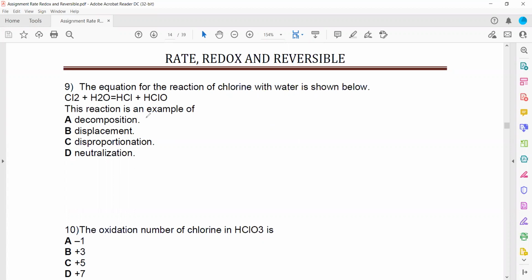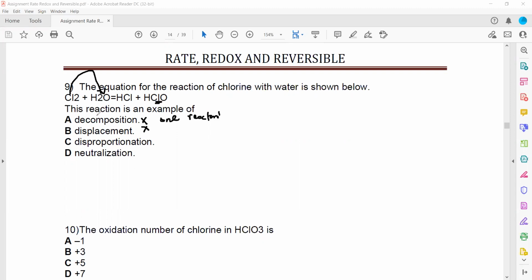For decomposition, the condition is that we have only one reactant and more than one product. It also cannot be displacement. Displacement is when the more reactive element displaces a less reactive one from its compound, but this is not a displacement. Why? Because if chlorine displaced the oxygen, then the other compound should not have chlorine. So that's why it is not displacement.